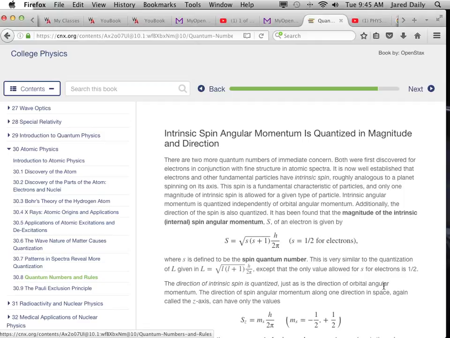And then the m sub s calculates the z component of the spin, which is the thing that causes the spin up, spin down situation. You use m sub s times h over 2 pi, very similar to this one. So essentially we have 5 things that we can calculate about our electron in the atom, and 5 different quantum numbers that are used in calculating.